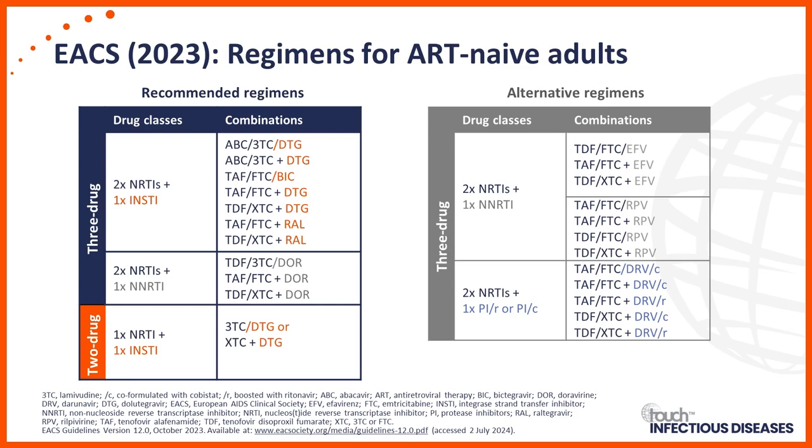And the other very common recommendation, mostly for people who have resistance to integrase inhibitors or non-nucleosides, is two nucleosides and a boosted protease inhibitor. So we have to consider specific aspects of our persons with HIV, such as age, comorbidities, or drug interactions, to select one of these regimens. But I have to say that these recommended regimens of one or two nucleosides with a second-generation integrase inhibitor are very good options for the majority of patients.